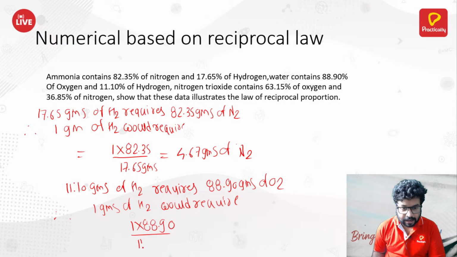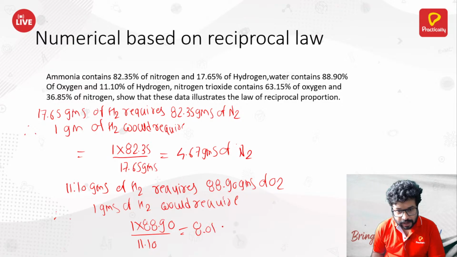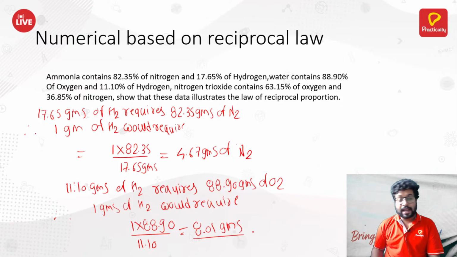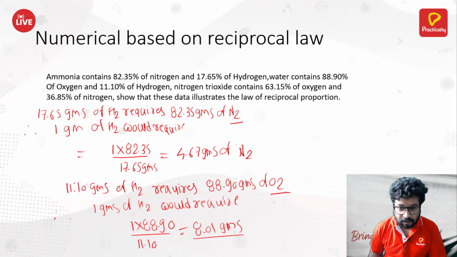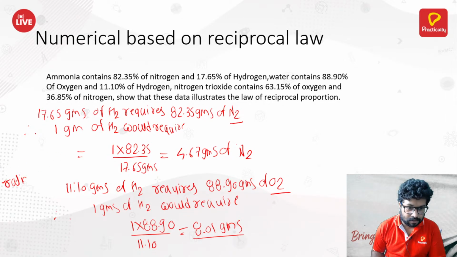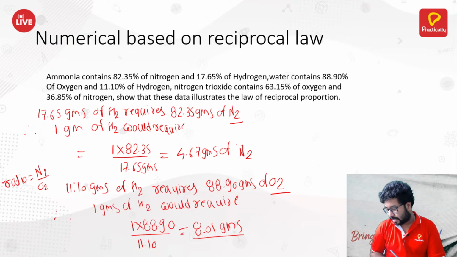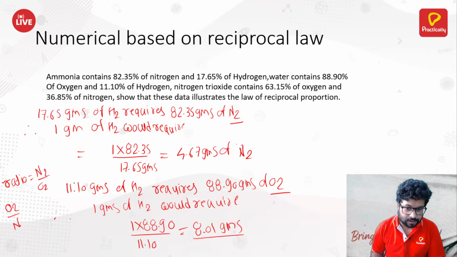88.90 divided by 11.10 is equal to 8.01 grams. If you take the ratio of weights of nitrogen and oxygen, let's take oxygen upon nitrogen.